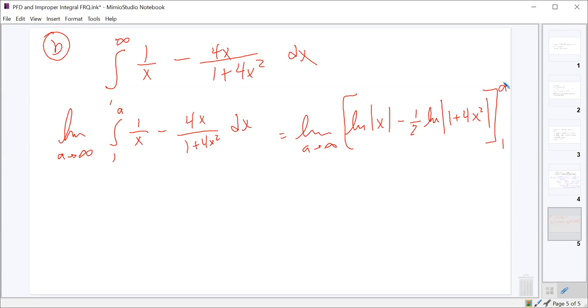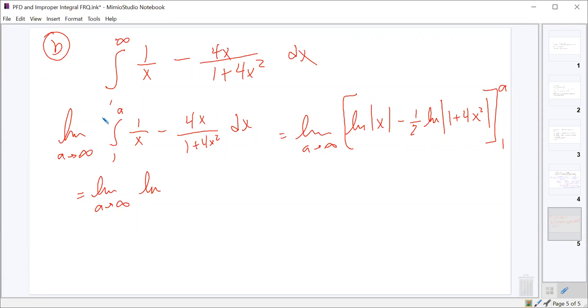And so now we can go ahead and try to simplify this down. If we can, we always want to simplify the logarithmic expression. So we'll call this the limit as a approaches infinity of the natural log of, and we'll say the absolute value, but we only need the absolute value on this because we know that all of our values we're plugging in are positive, 1 to infinity.